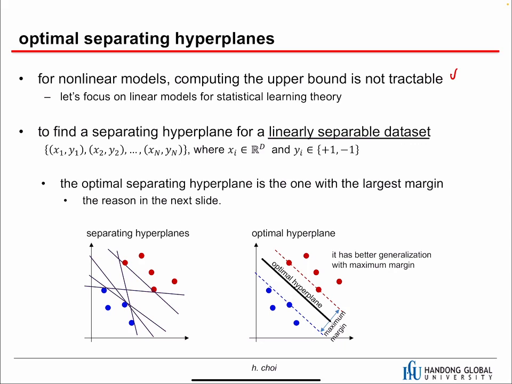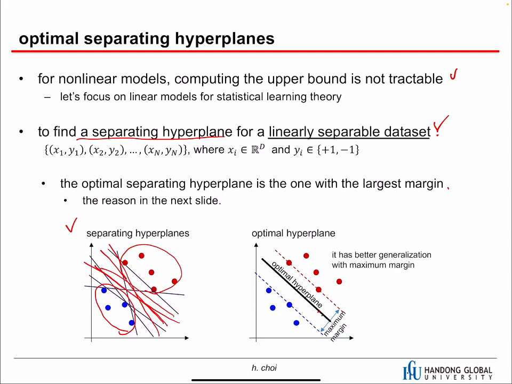To find the separating hyperplane for a linearly separable data set, we assume that the data set is linearly separable. The optimal separating hyperplane is the one with the largest margin. Look at this one: we have a red class and a blue class, and there are many classifiers, but this one is the best hyperplane.